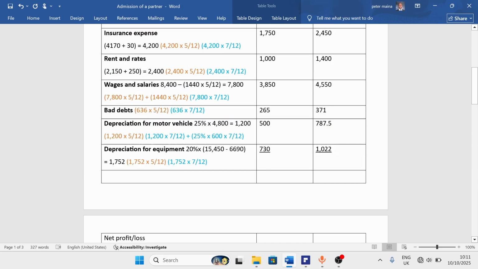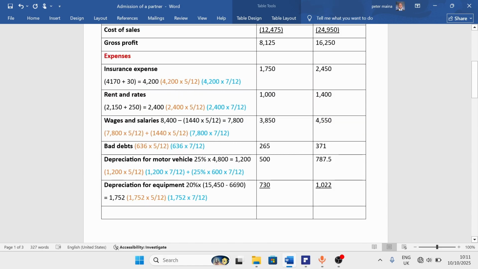So what we are going to do, we are going to sum up the expenses starting with the first period. So we start with the insurance expense. 1750 plus 1000 plus 3850 plus 265 plus 500 plus 730.